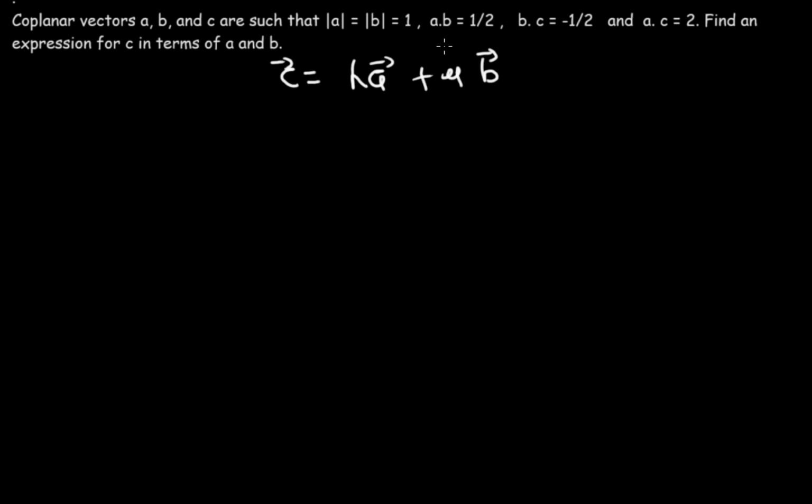We've been told that A dot B is half, B dot C is negative half, and A dot C is 2.